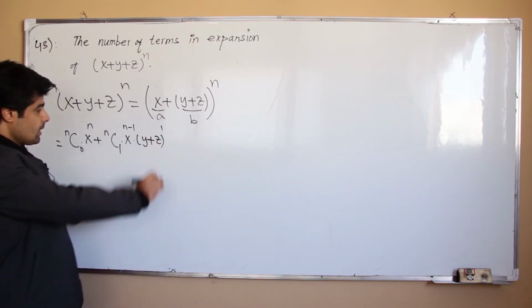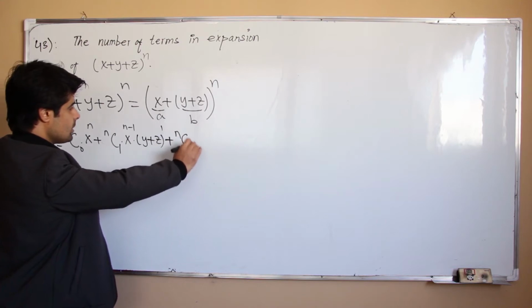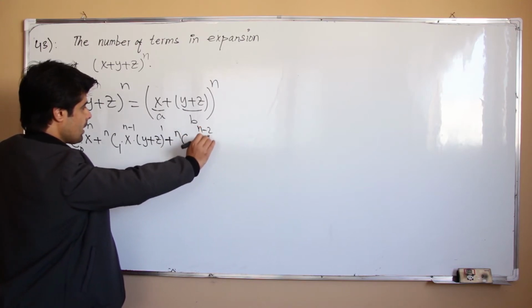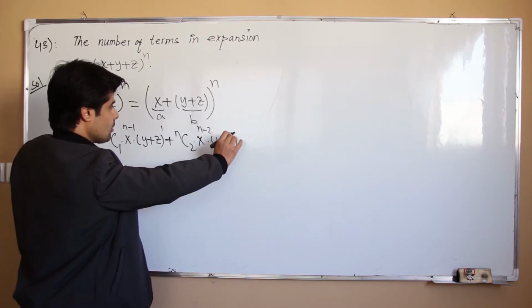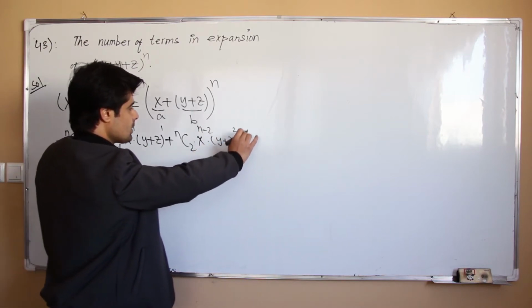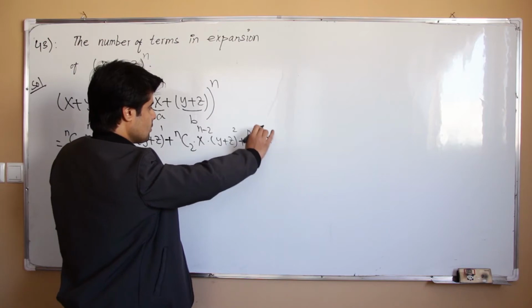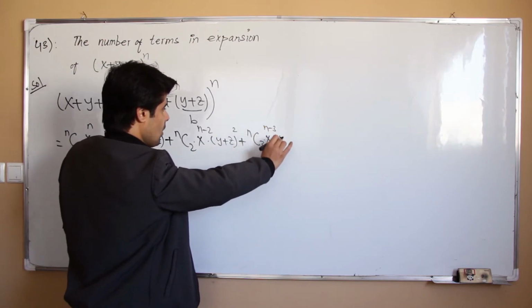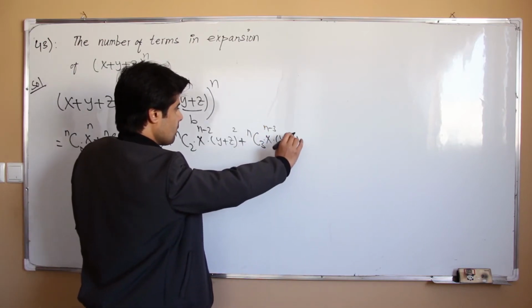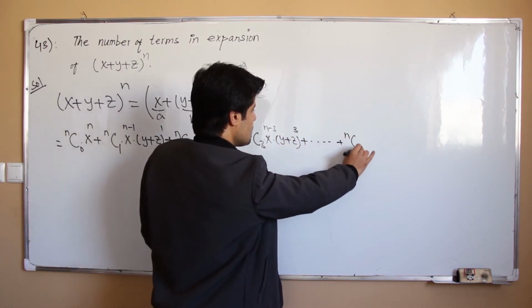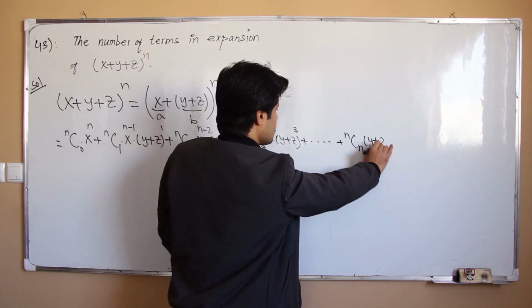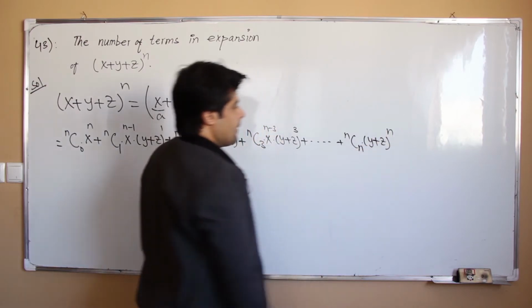Am I right? Yes. The next one is nC2 x to the power n minus 2 (y + z) raised to the power 2. The next one is nC3 x to the power n minus 3 (y + z) raised to the power 3, up to nCn (y + z) raised to the power n.